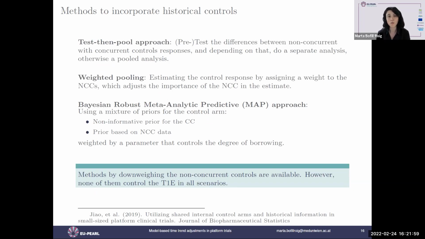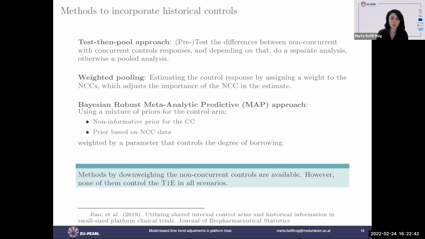If instead of modeling, we want to downweight the non-concurrent controls, we might consider approaches proposed to incorporate historical controls, such as the test and pool, the weighted pooling approach, and MAP approaches. In the test and pool, we first perform a hypothesis test to compare the response rates in the concurrent and non-concurrent controls. If there is a significant difference, then a separate analysis is performed. If not, we do a pooled analysis. The weighted pooling is based on estimating the response of the controls by weighting the information from concurrent and non-concurrent controls using a pre-specified parameter.